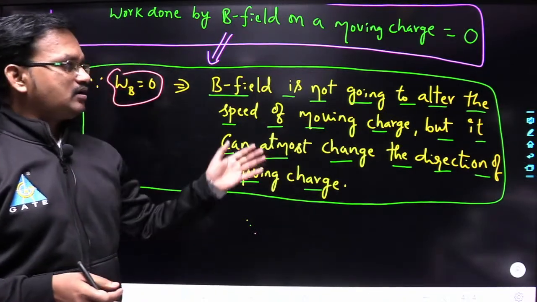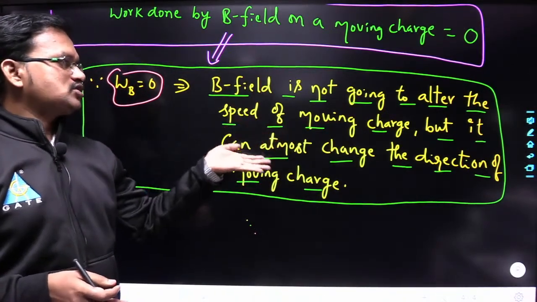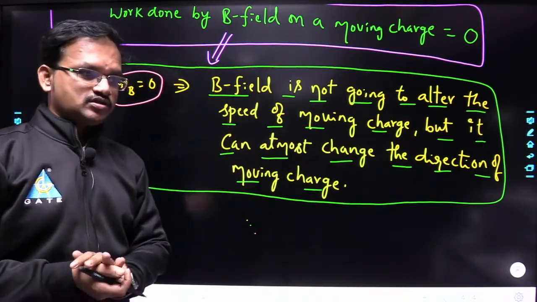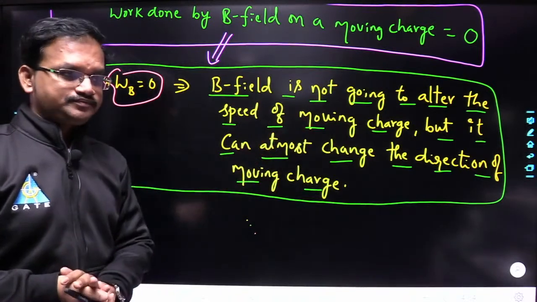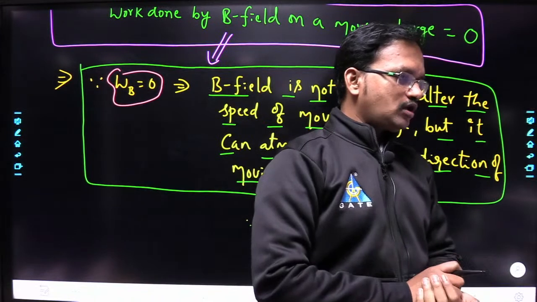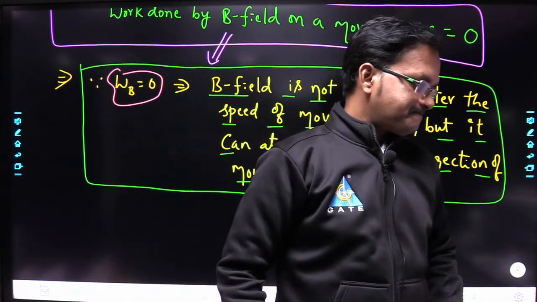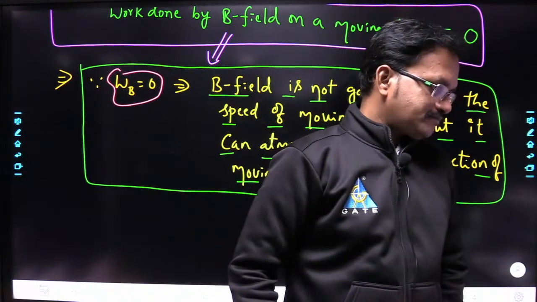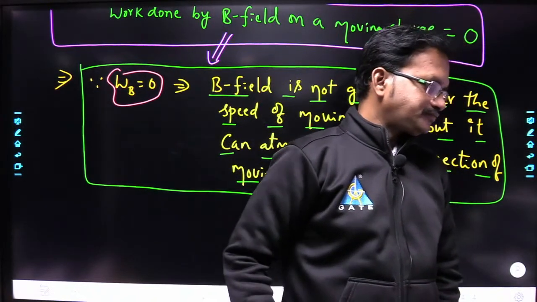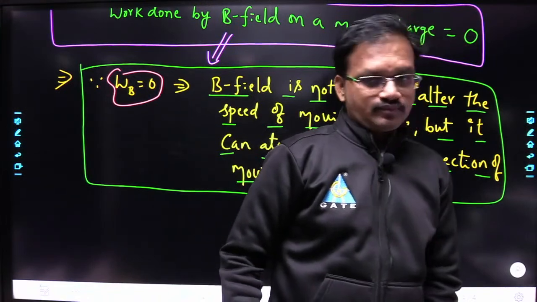Okay, but at least have you understood that B field is not going to alter the speed of moving charge? Have you understood this point here? Tell me here. Alok Kumar, Parasmoon, Rahul Thakur.